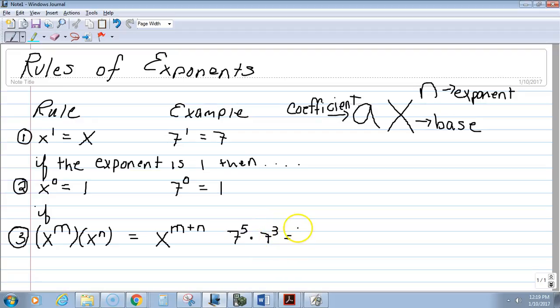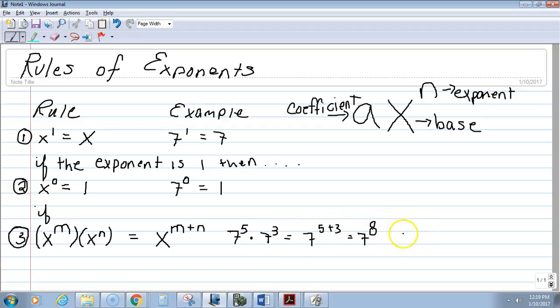My base is the same, it's 7, my base stays the same, and I add 5 and 3, so my answer is actually 7 to the 8th power. And you can check this on the calculator by putting in 7 to the 5th times 7 to the 3rd, enter, get your answer, and then put in 7 to the 8th, enter, and see if you get the same answer, and you should get the same answer, okay?